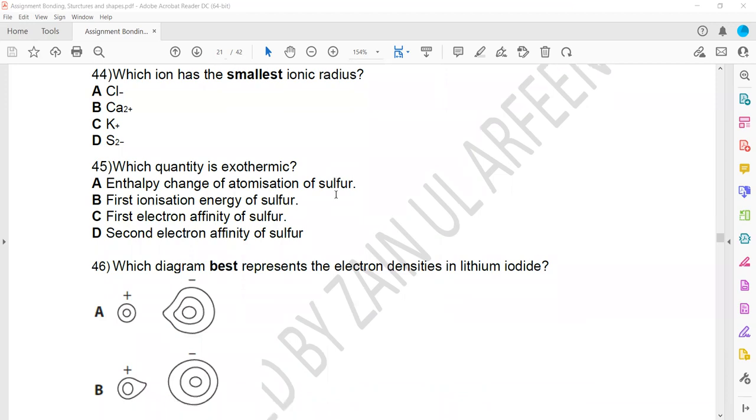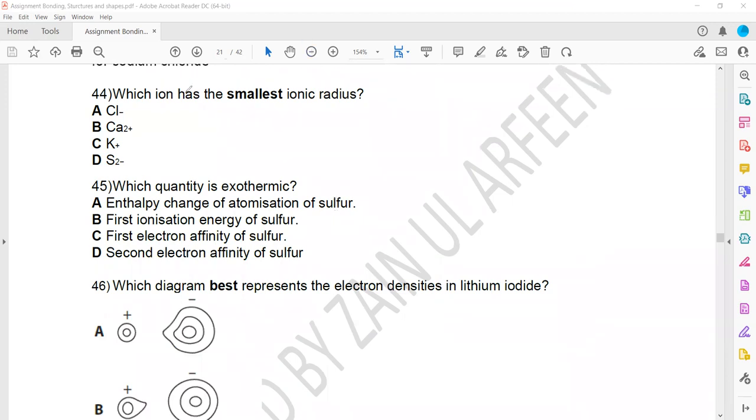Then which ion has the smallest ionic radius? To identify the smaller ionic radius, you have to check how many shells are used. Chlorine has 17 protons, and the chloride ion has 18 electrons.